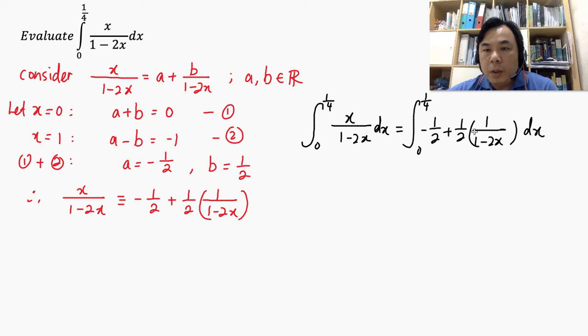All right, now from here we can apply divide and conquer again. Therefore, we should now have the first part as negative 1 over 2x.